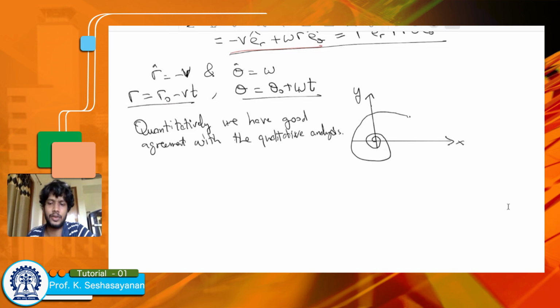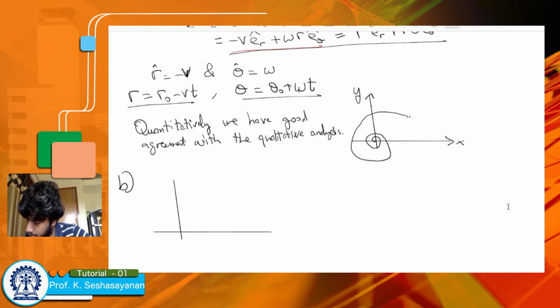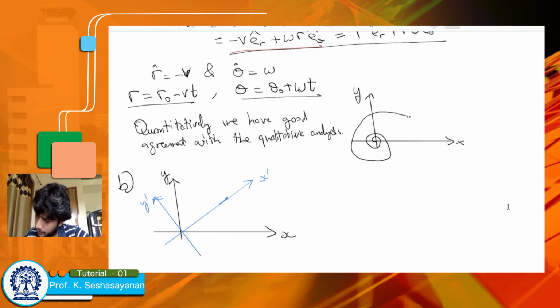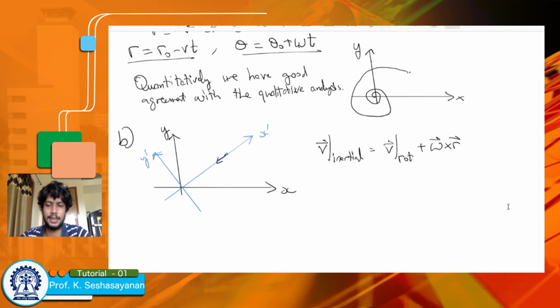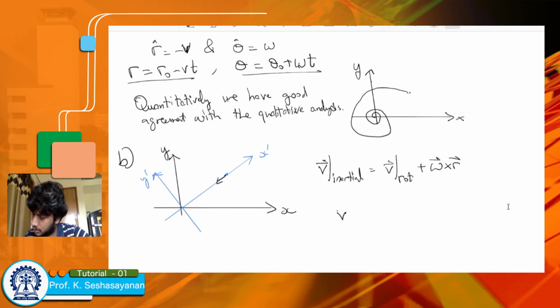So next, part B, we'll have to consider the ant moving away from the center, and we'll just do the same analysis as in part A. We again have two axes, x and y, and again x prime and y prime, and here the ant is moving away from the center, and we'll again write V inertial equal to V in the rotating frame plus omega cross R. So from the previous analysis, nothing much has changed except that V rotating is given to be plus V ER hat.